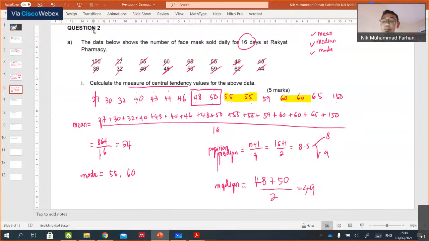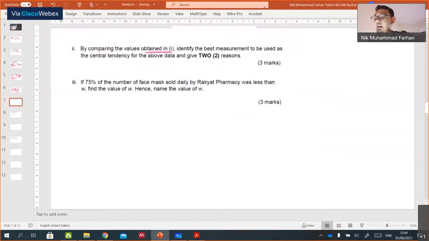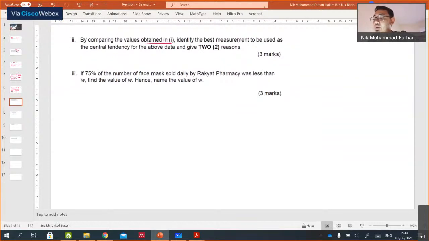So that is how to measure the three measures of central tendency. Next, by comparing the obtained values, identify the best measurement of central tendency for the above data. We have to look for the best measurement.